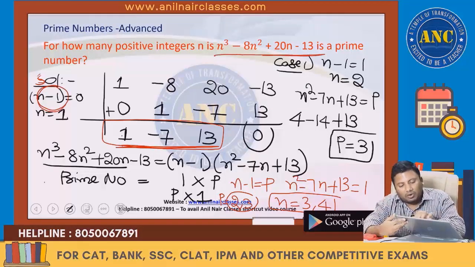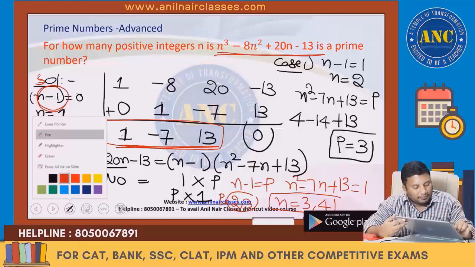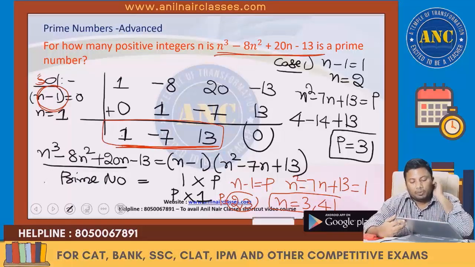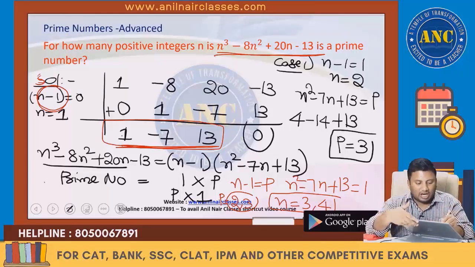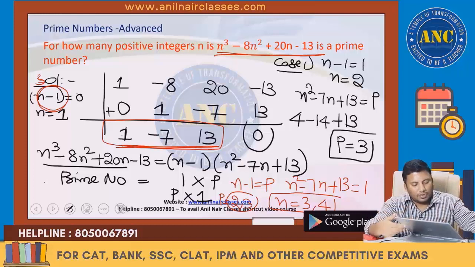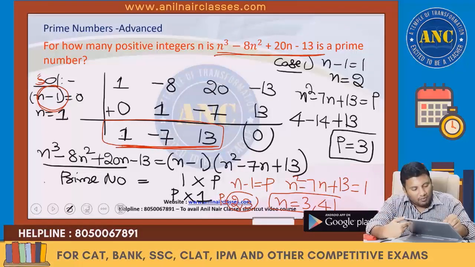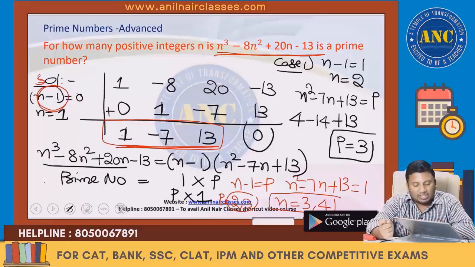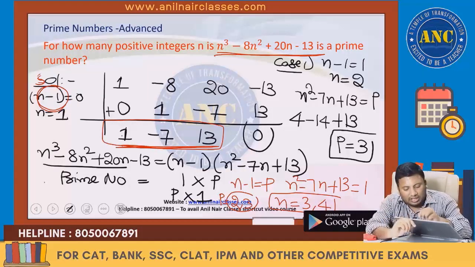Write down all the coefficients in serial order. n cube is 1. n square coefficient is minus 8. 20, minus 13. Start with 0. 1 plus 0, 1. 1 ones are 1. Minus 8 plus 1 is minus 7. 1 into minus 7, minus 7. 20 minus 7 is 13. 13 ones are 13.